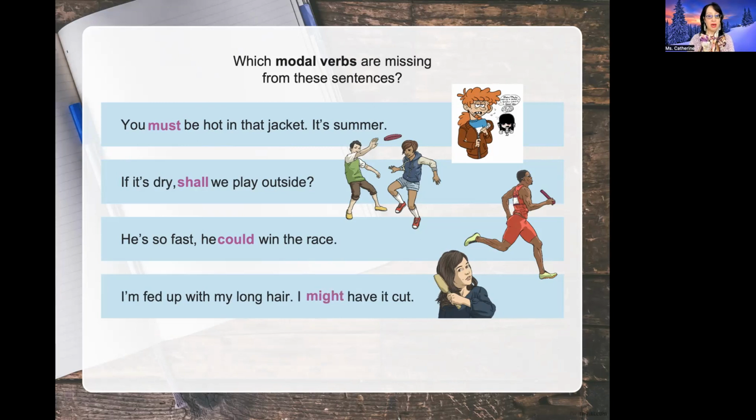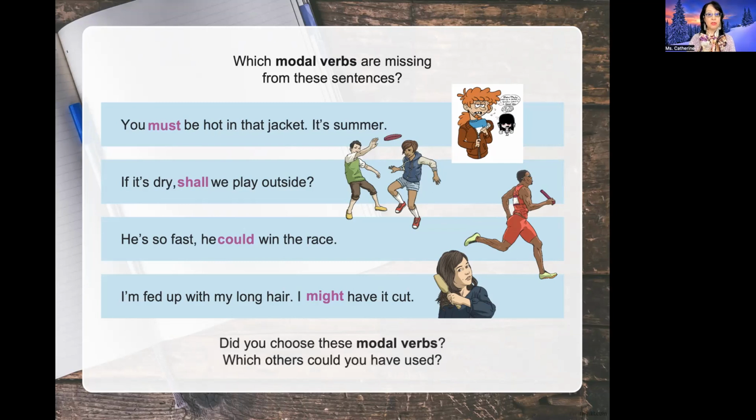They're thinking about it. It's a future possibility. This is a tough one, right? How many people said, I will have it cut? Well, if you are saying, I will have it cut, that means you made a quick decision and it's going to happen. But in this picture, we're still thinking about it, right? Possibility.